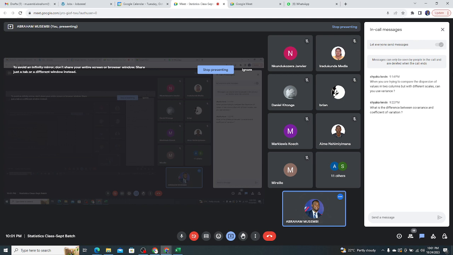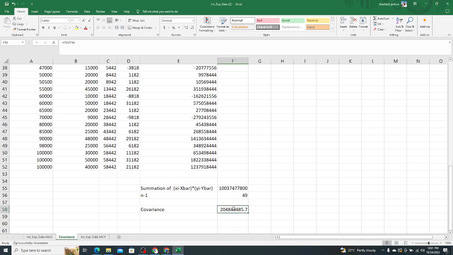this value which we've gotten is a positive value, which indicates that we have a positive relationship between income and the expenses.